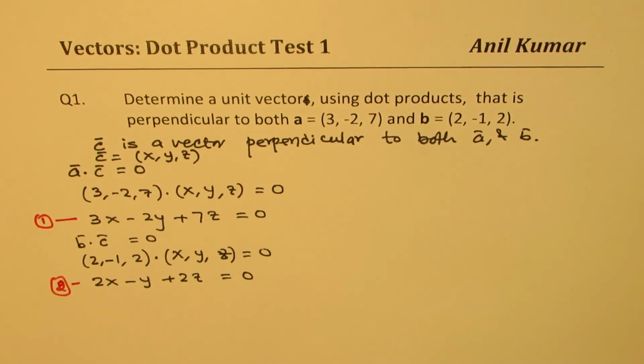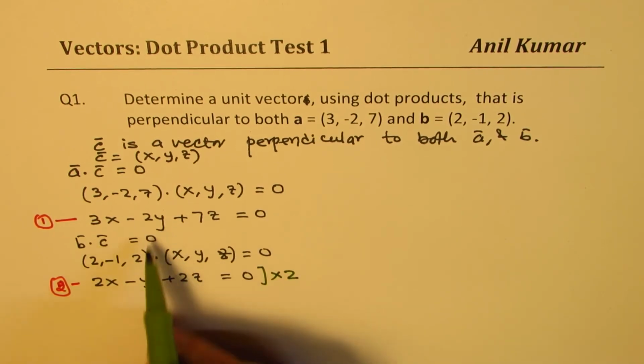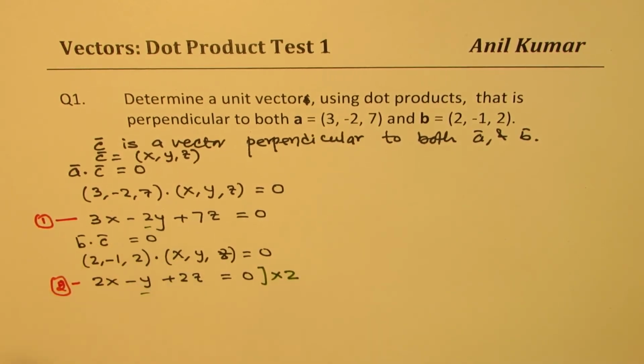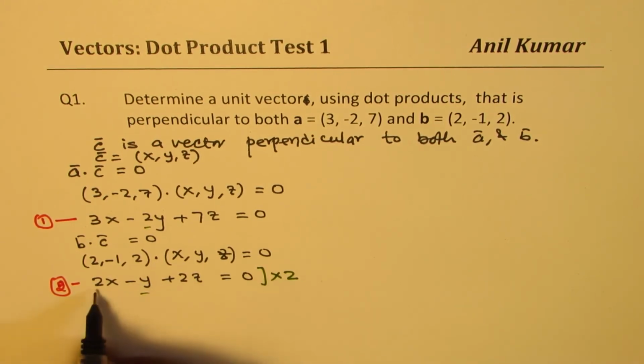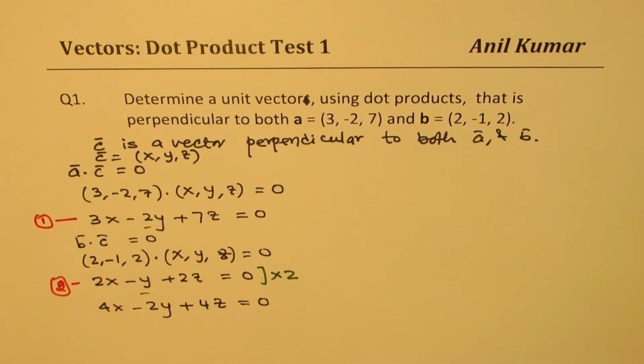So what we could do here is multiply this equation by 2 so that we get 2y, and then we can get rid of at least y, right? So if I multiply this by 2, I get 4x minus 2y plus 4z equals 0. Let me call this equation number 3.